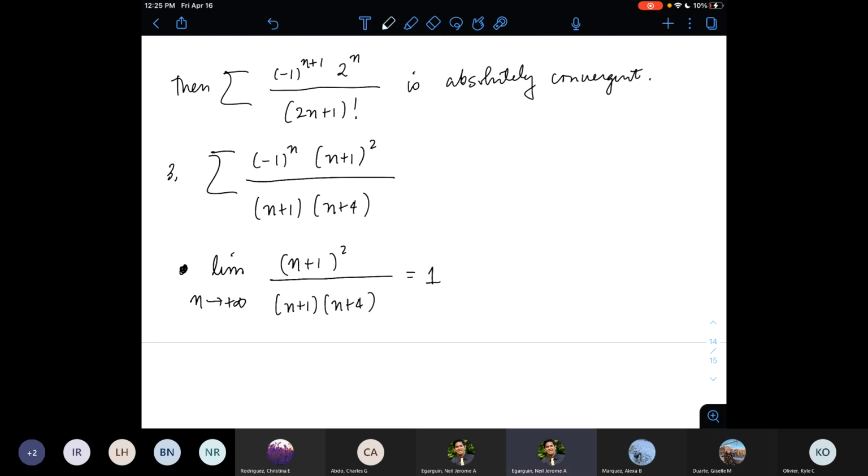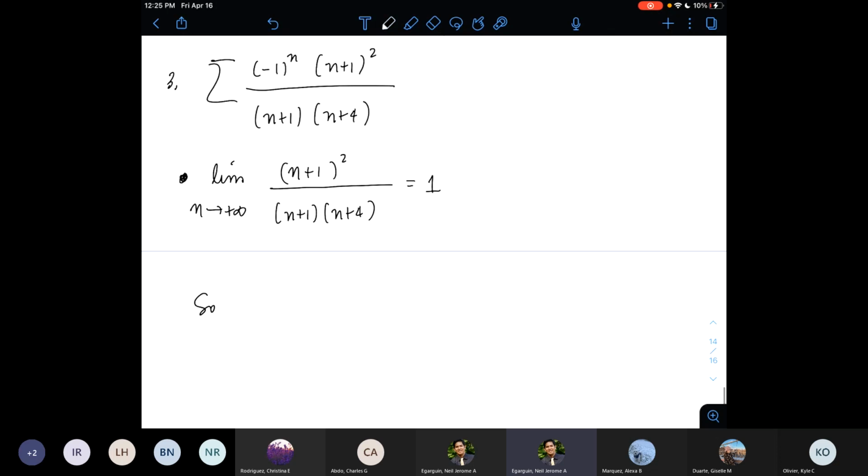So this means the limit is 1, so we cannot apply AST here, right? Because the limit is not equal to 0, but as I have remarked earlier, when the limit is not equal to 0, you can argue using the basic divergence test that the given alternating series will be divergent. Because the limit of the nth term of your alternating series won't exist.